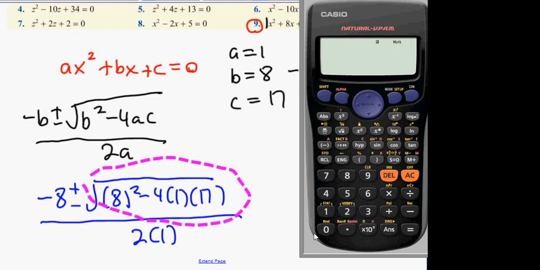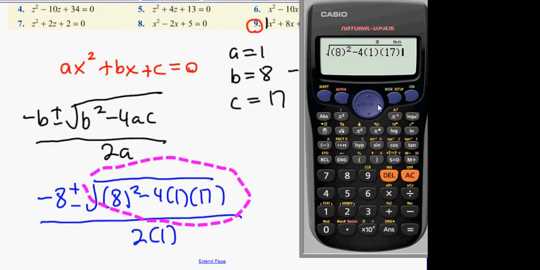Now, I'm fully expecting the calculator not to do this. So you'll see now, 8 squared minus 4 times 1 times 17. Now this happens in your calculator.